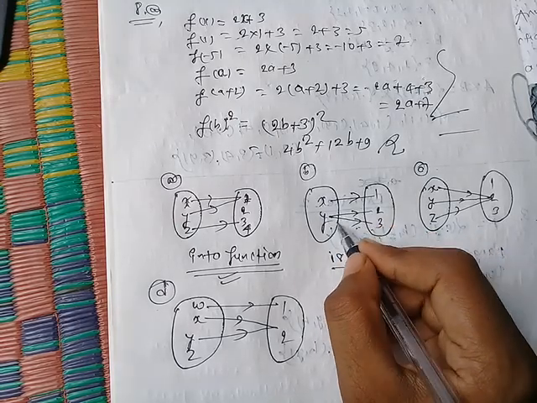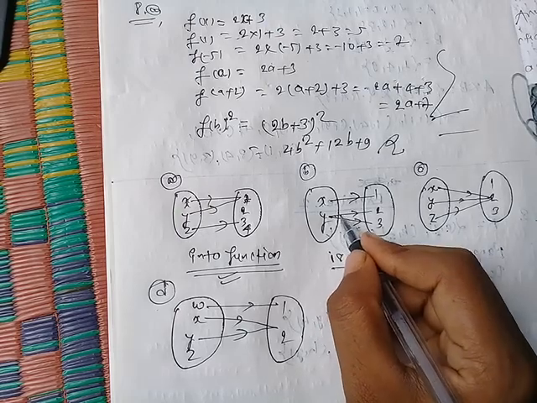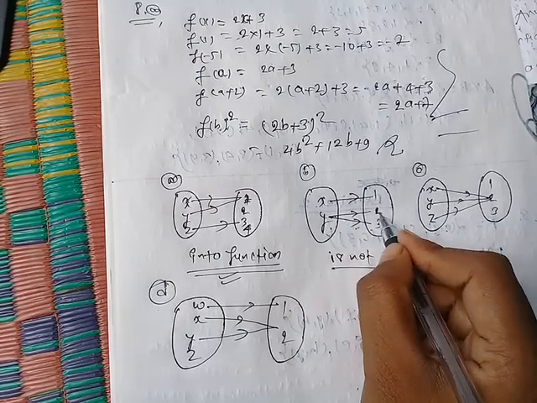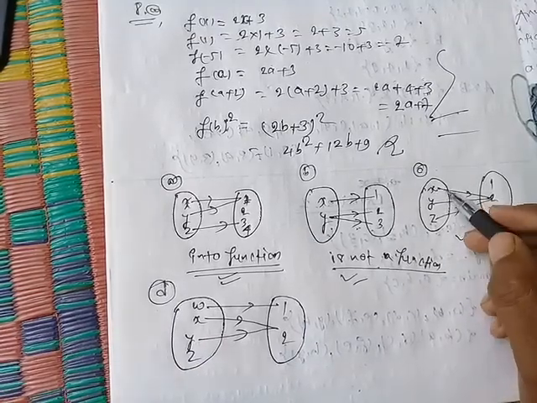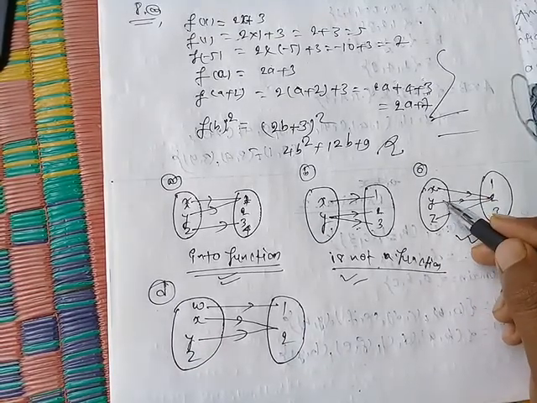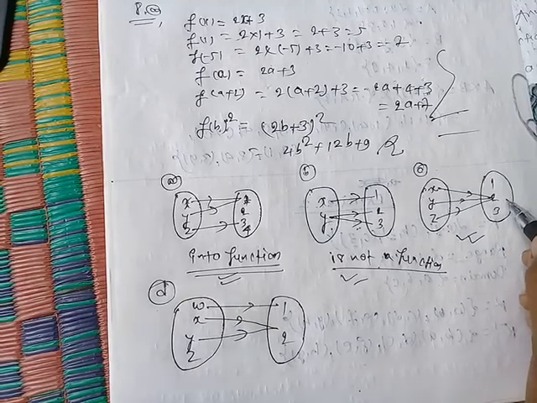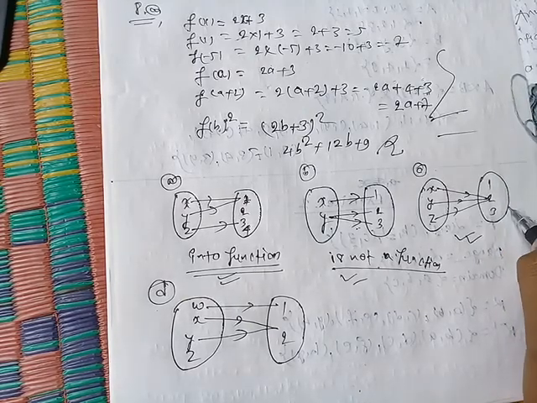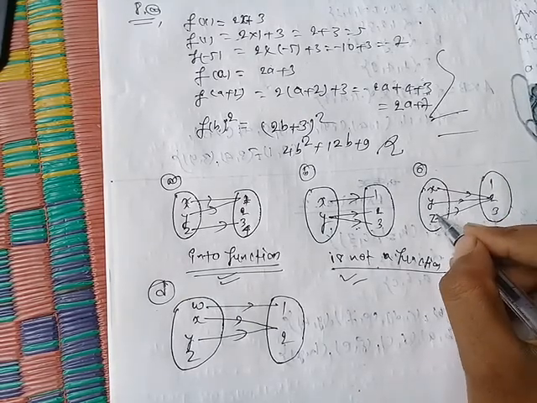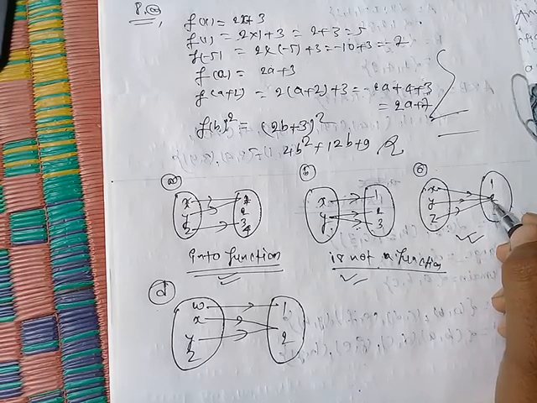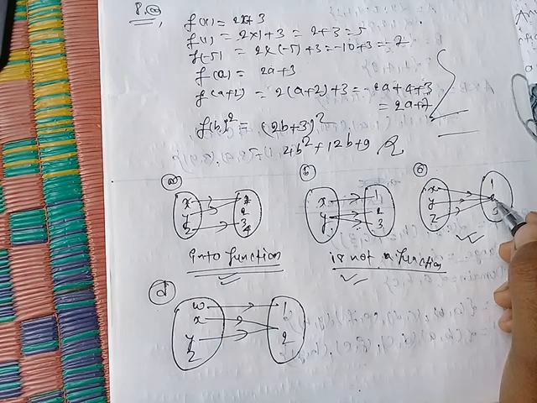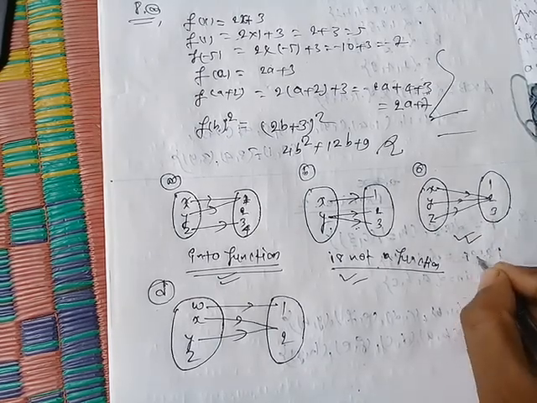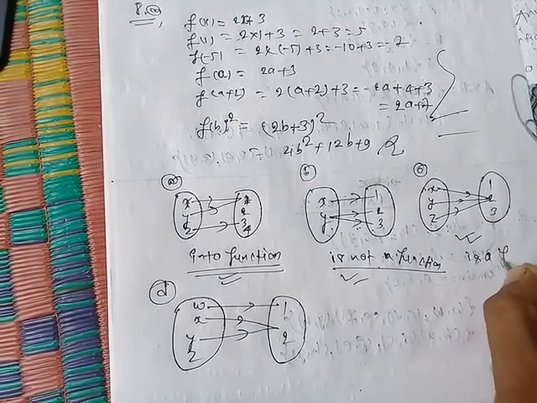In this situation it will be a function, but here y has two, so it is not a function. It is a function because every element of x is mapped in y, and every element has a unique image. A unique element may be the same for all components, so it is a function.